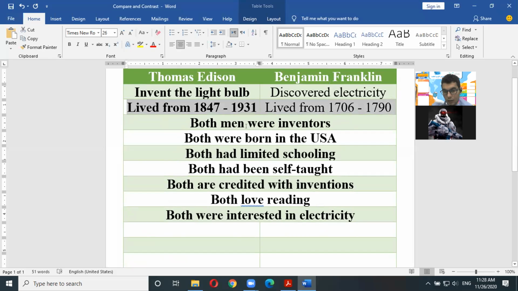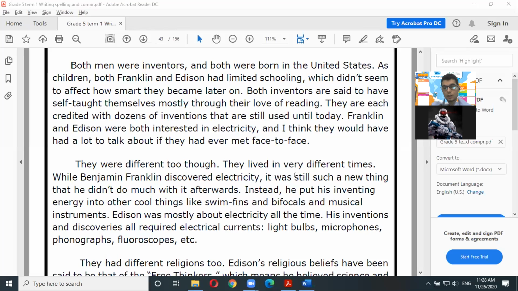In the introduction. One lived from 1847 to 1931, and the second one lived from 1706 to 1790. Okay, very good, Abdullah. Amazing. Thank you very much for that.